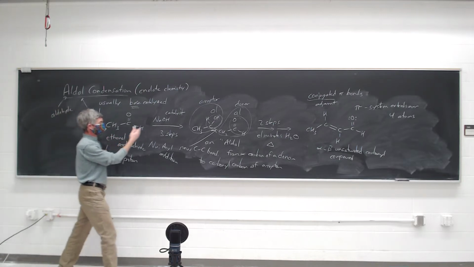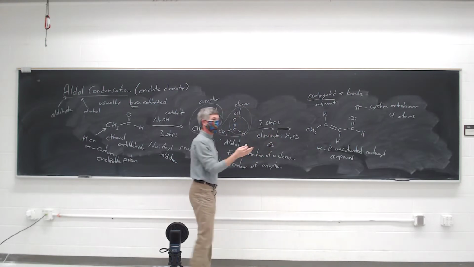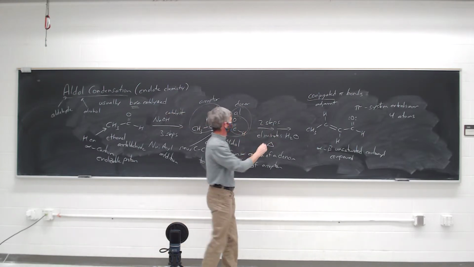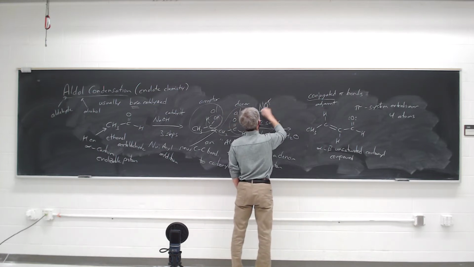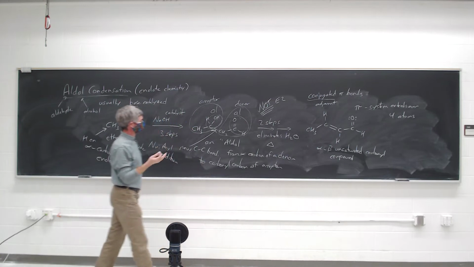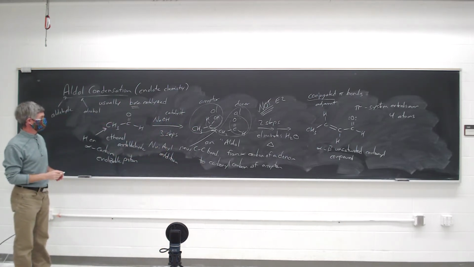We make the enolate and then we attack and protonate. And then this is an elimination, but it is not an E2 elimination because hydroxide ion is not a good leaving group. So hydroxide isn't going to be kicked out in a standard E2 pathway.